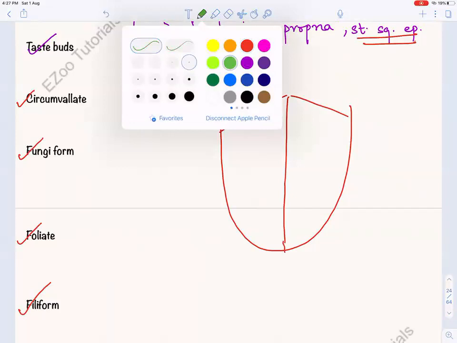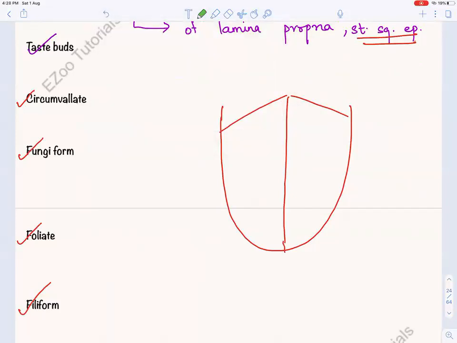First of all, let us do this circumvallate. Whenever we see a word which we are not able to understand, try to read it again and again. Circumvallate, right? It is wall-like. Circumference, circumvallate, vallate, wall-like. Okay.